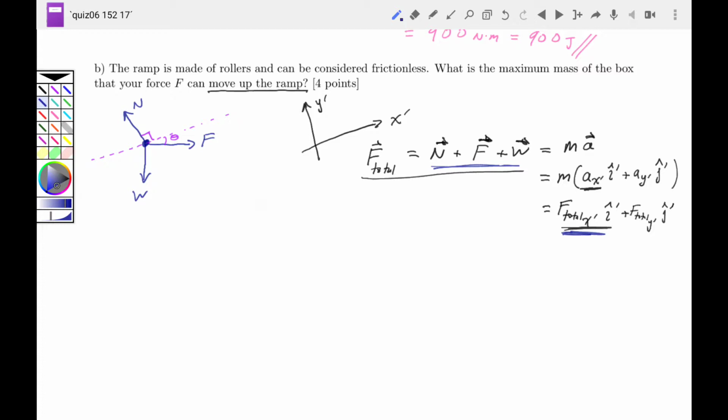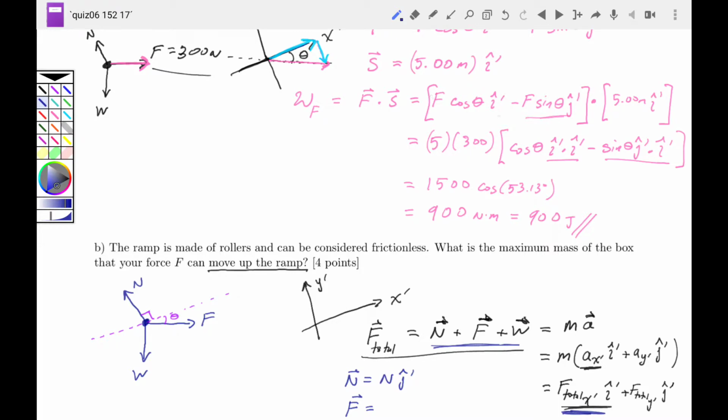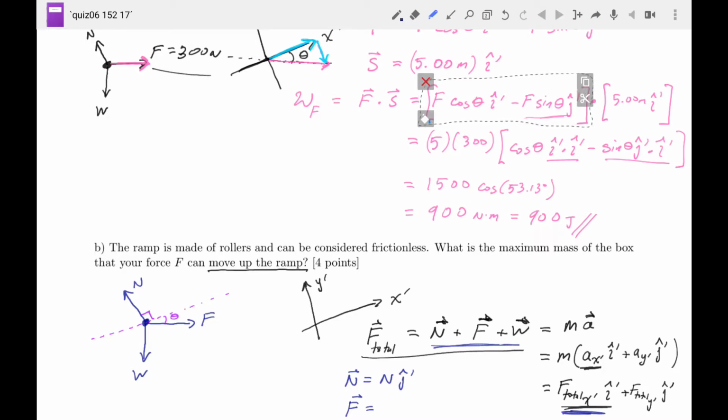So N is just N j hat. F we found above, this guy, so I'll go ahead and copy and paste it.